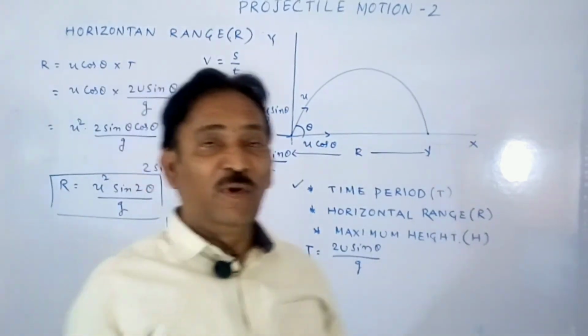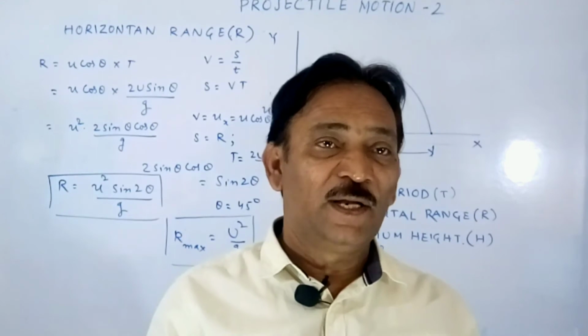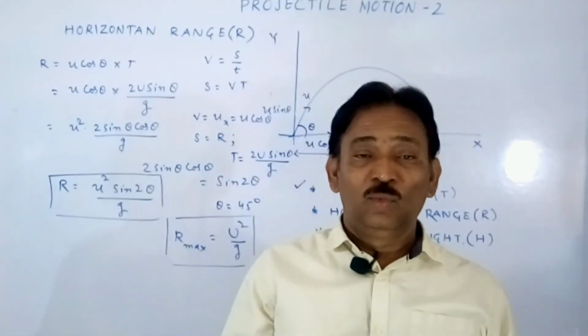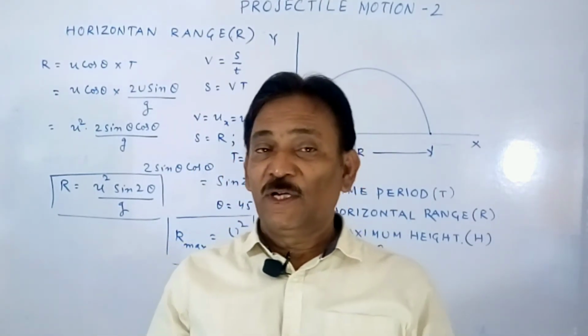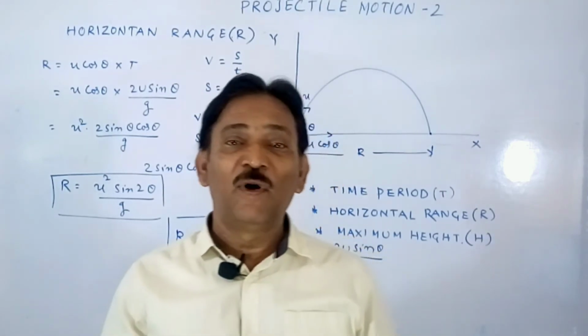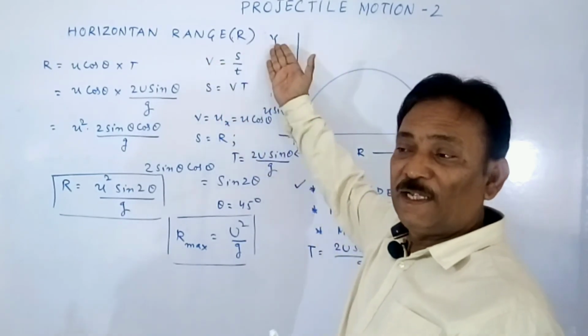Okay, what is the horizontal range? It is the horizontal displacement of the projectile in time of flight. That too, the horizontal component of velocity doesn't get affected by the acceleration. That means it is uniform motion. That's why we use the basic equation: velocity is equal to displacement upon time.